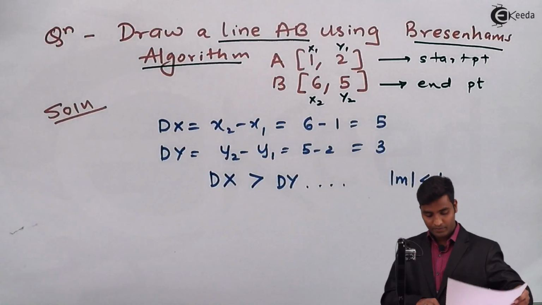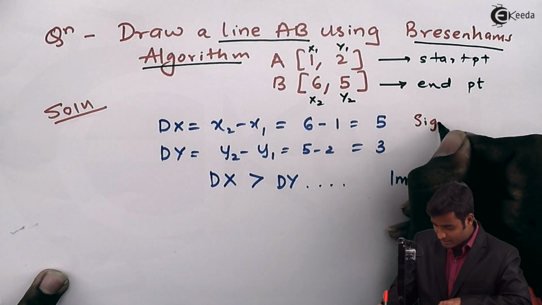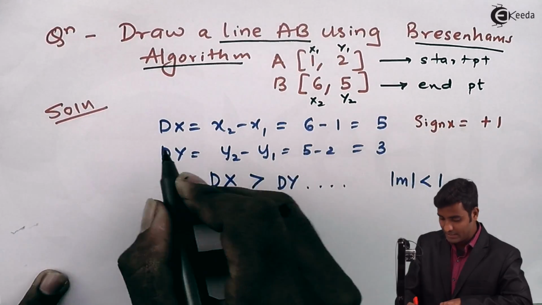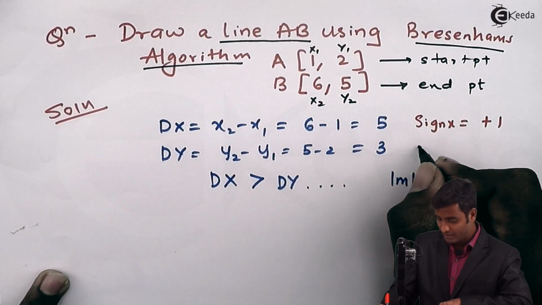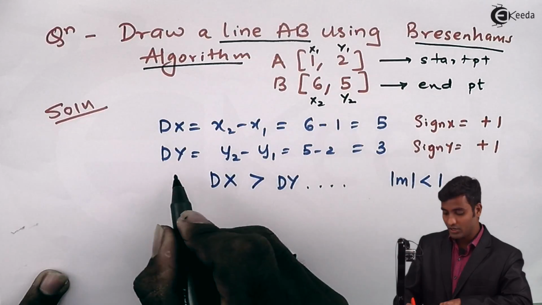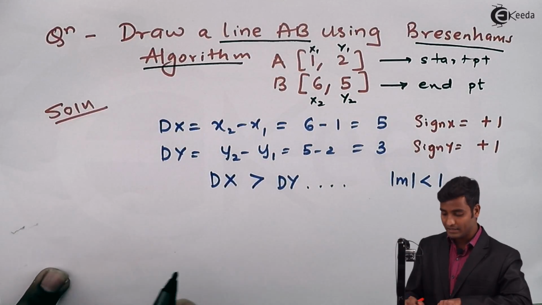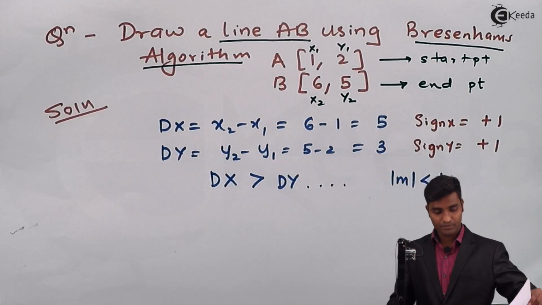So I will write here sign x is plus 1 since dx is greater than 0, that is 5, and we will write here sign y as plus 1. Here also the dy value is greater than 0.